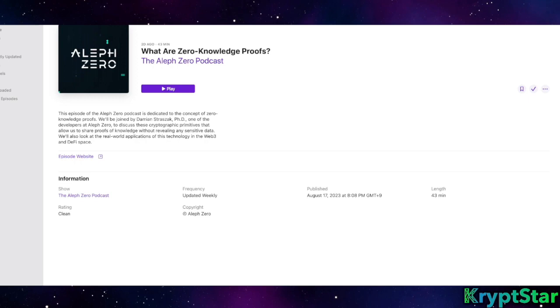Then let's talk about argument of knowledge. Okay, so this is the analog of proof of knowledge, really. So we need to understand what's the difference between an argument and a proof. And this is actually quite technical. So the way we formalize security for this kind of cryptographic primitives is we talk about an adversary and its power.